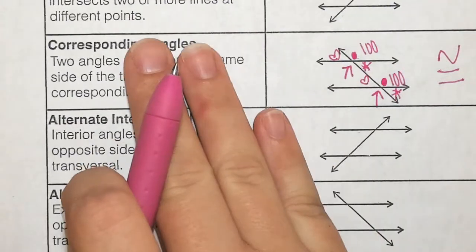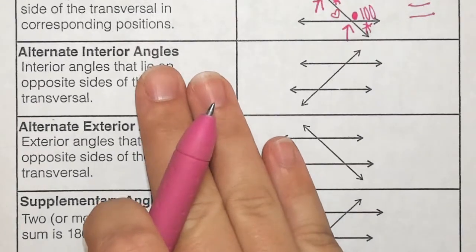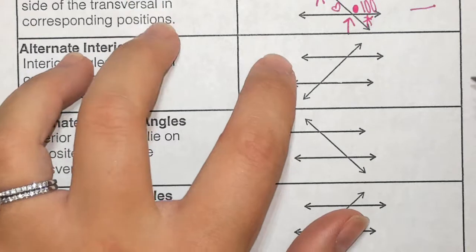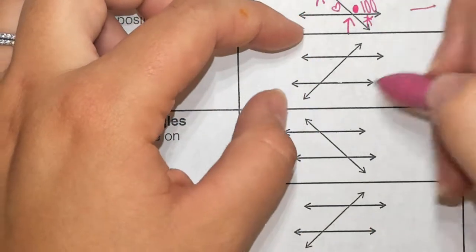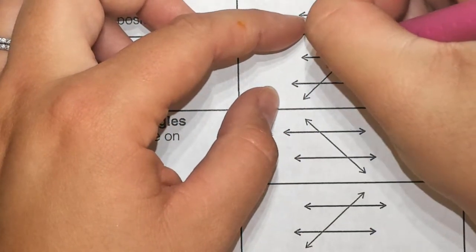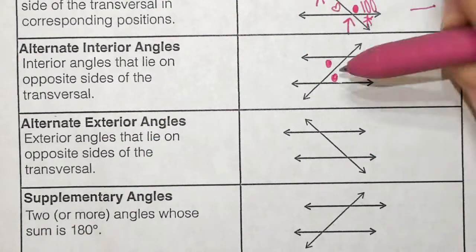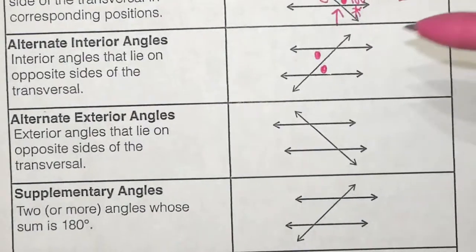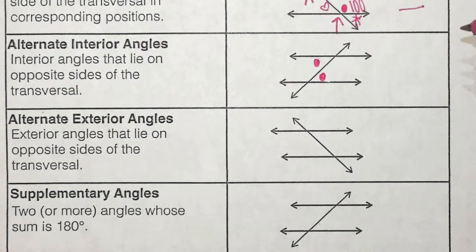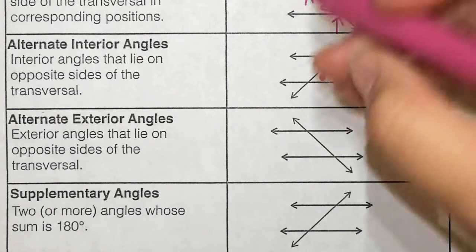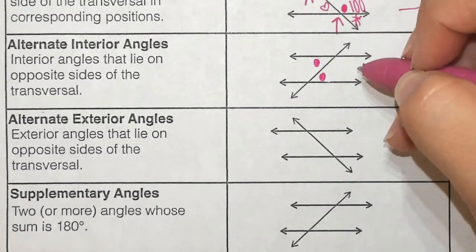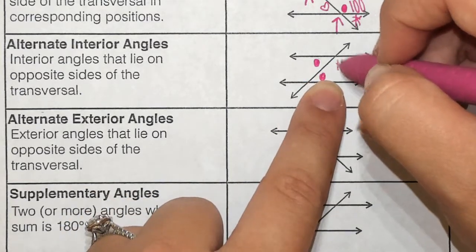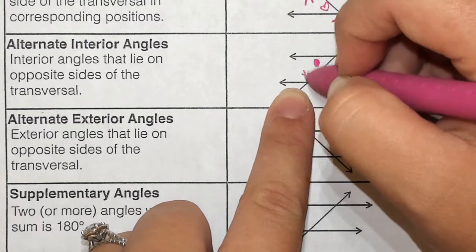Okay, so that's corresponding. The next one is called alternate interior. It's going to be on alternate sides of the transversal, and it's inside your two parallel lines. So here's one, and here is the other. These two angles are alternate interior of each other. However, there's another pair: this angle and this angle.